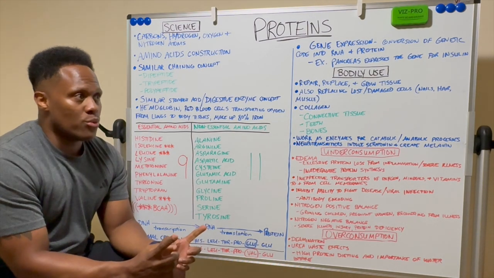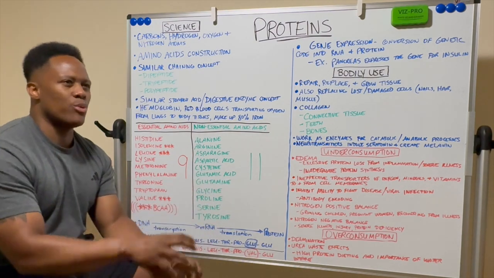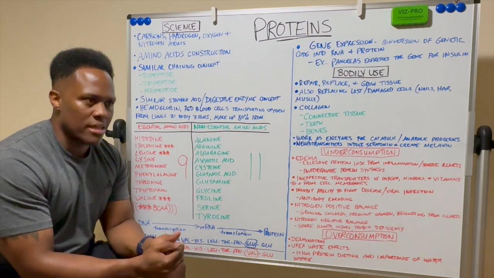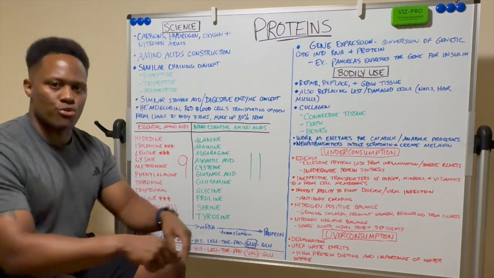Your liver will combine carbon dioxide with ammonia to turn that excess protein into urea. Then that urea goes to your kidneys to be excreted in your urine.